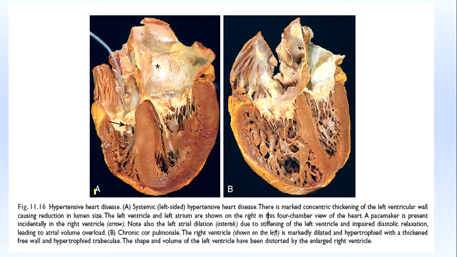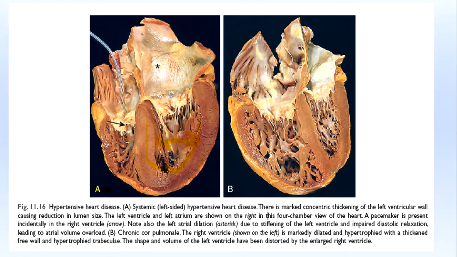In figure A, which shows the cross section of the heart, you can appreciate marked concentric thickening of the left ventricular wall and reduction in the size of the lumen.